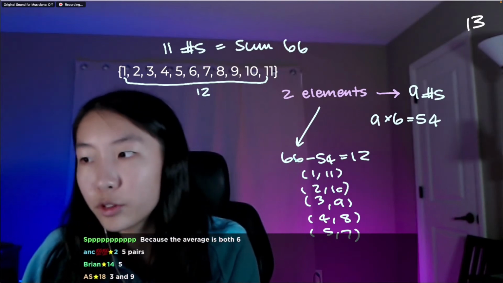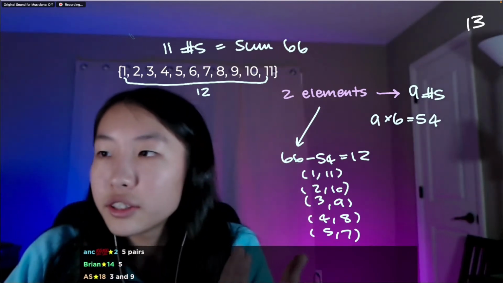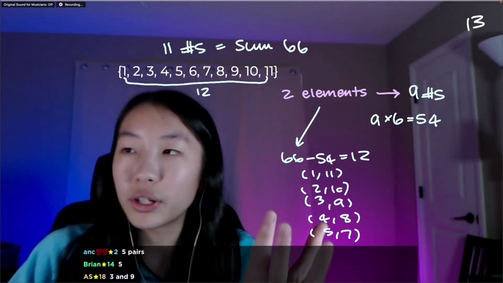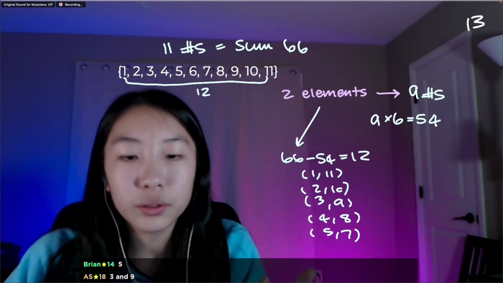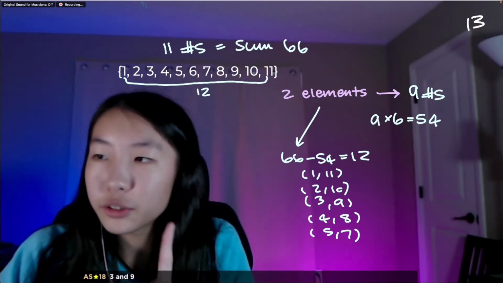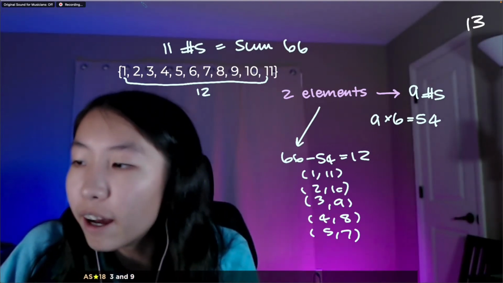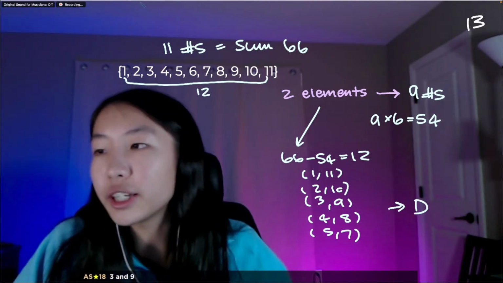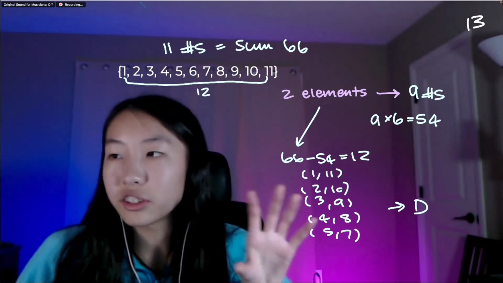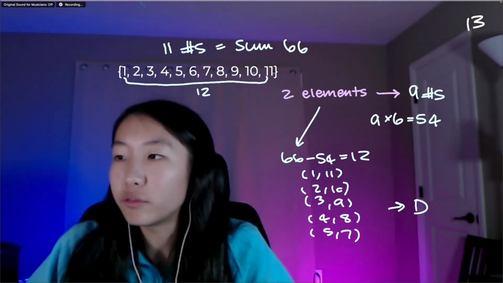And so remember that these pairs are the same as if you arrange them 11, 1, 10, 2, etc. So these are your only 5 pairs that we have. And so our answer is going to be choice D of 5. And of course, in the beginning, I saw some people doing some guess and check based on removing certain values.